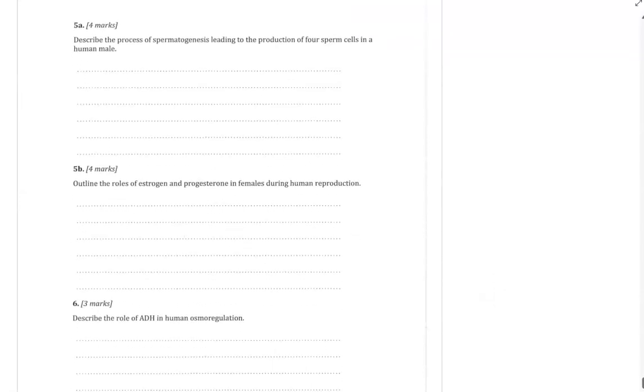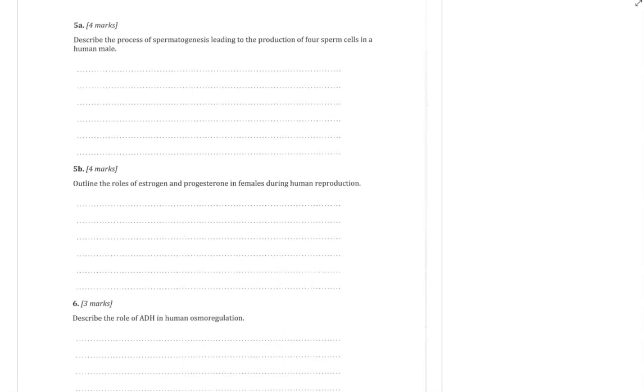Okay, question 5. Sorry, I possibly didn't give you quite enough space for some of these. I do apologise. So describe the process of spermatogenesis leading to the production of 4 sperm cells in a human male. So you say, where did it take place? In the seminiferous tubule. So you've got your diploid cells which grow, then they undergo 2 meiotic divisions.